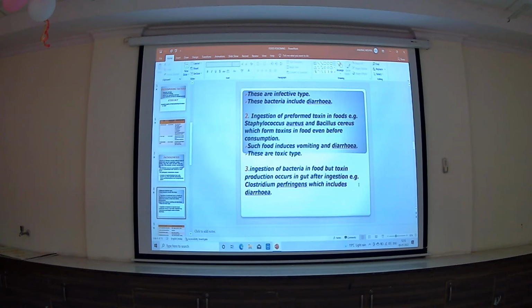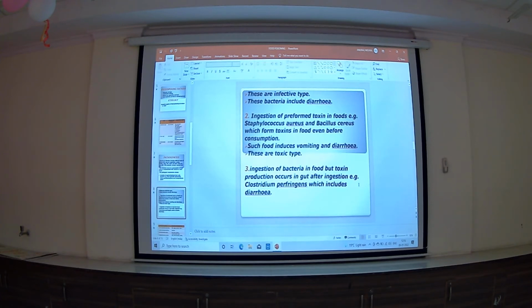Also there can be ingestion of bacteria in food, but toxin is produced in gut after ingestion.